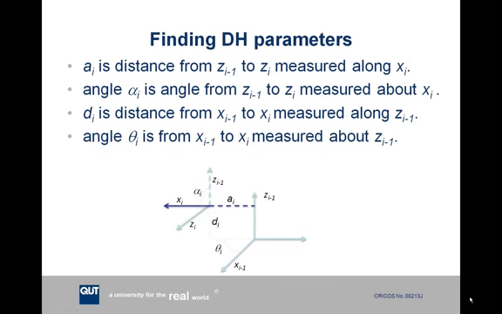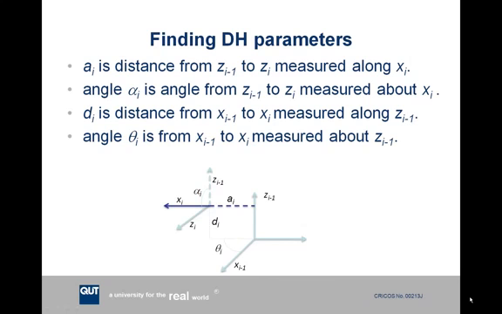The angle alpha i is the angle from the zi minus 1 axis to the zi axis, measured rotating around the xi axis. The di parameter is the distance from xi minus 1 to xi, measured along zi minus 1. And the angle theta i is from xi minus 1 to xi, measured about the zi minus 1 axis.